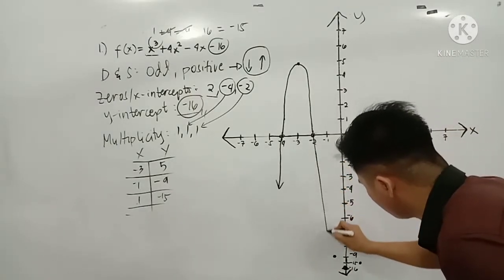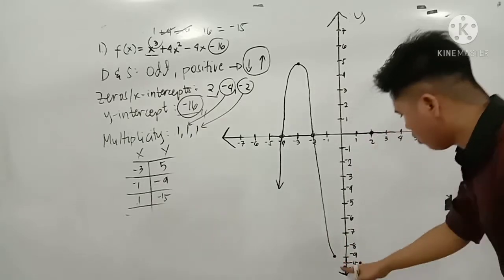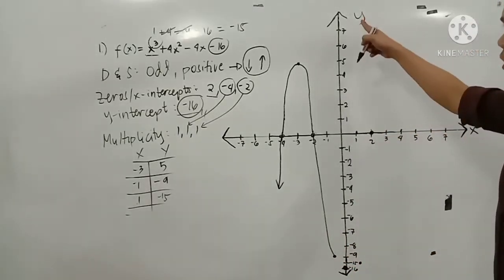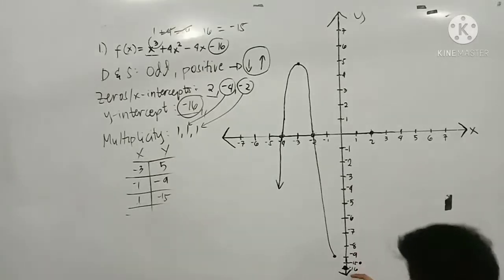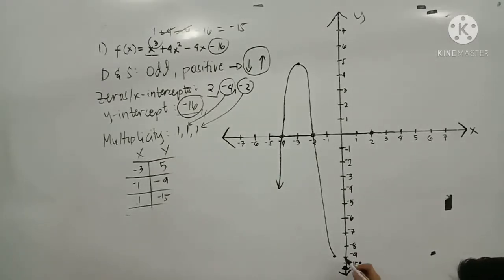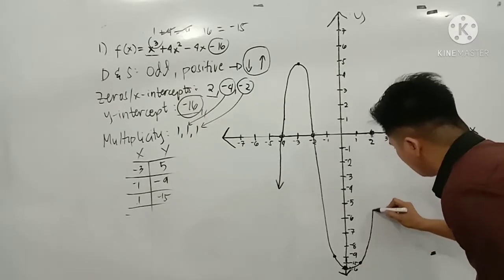And go to the y axis, which is at point negative 16. So it will proceed now to the y axis and go to the third turning point, at this point, positive 1 and negative 15. Go to positive 2.